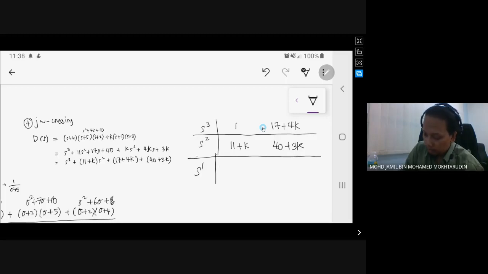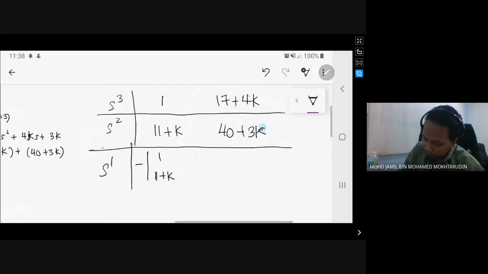For S1 you get the determinant of 1, 11 plus k, 17 plus 4k, 40 plus 3k divided by 11 plus k.